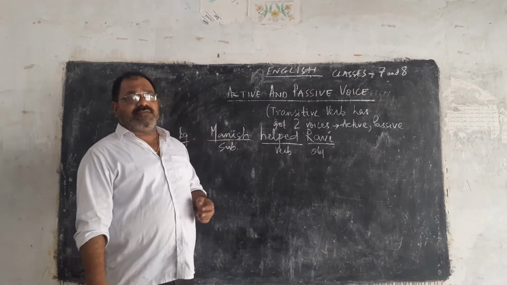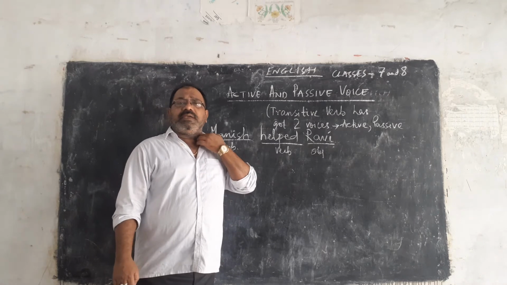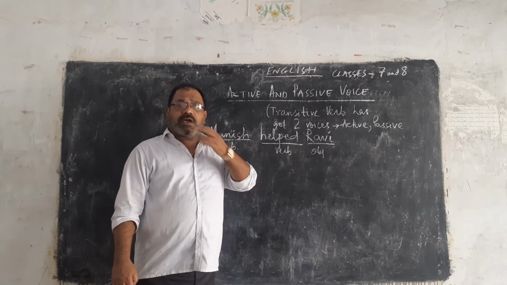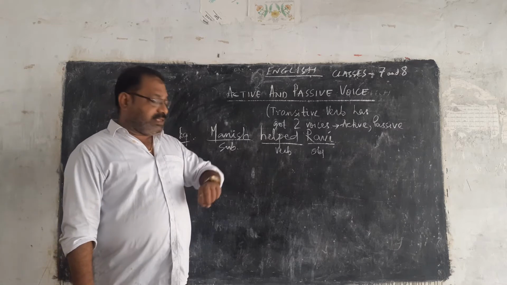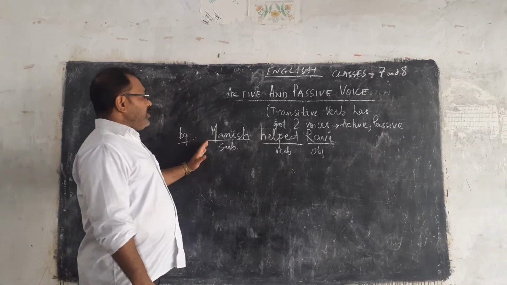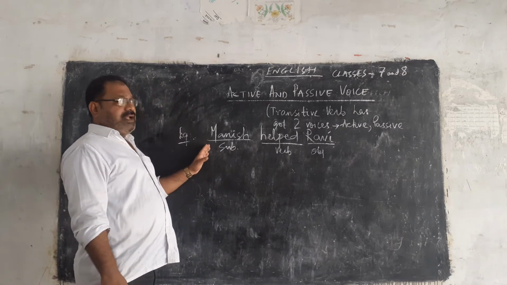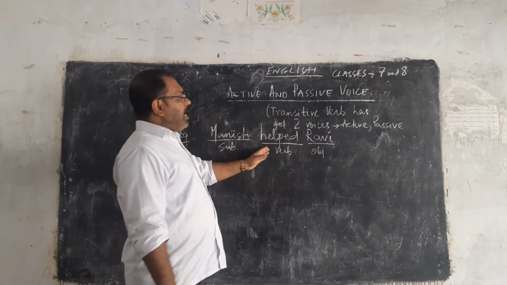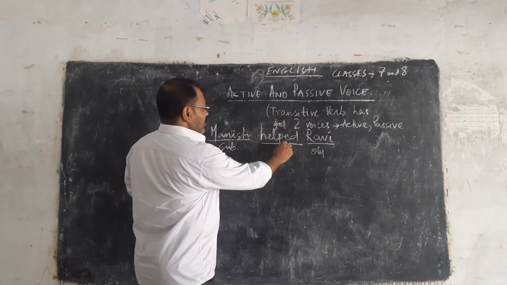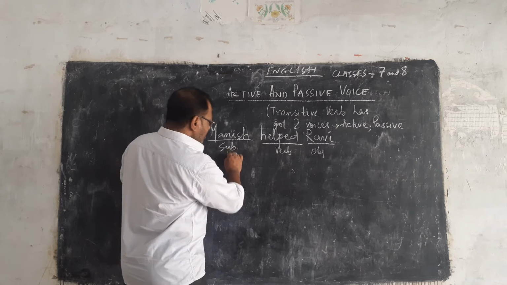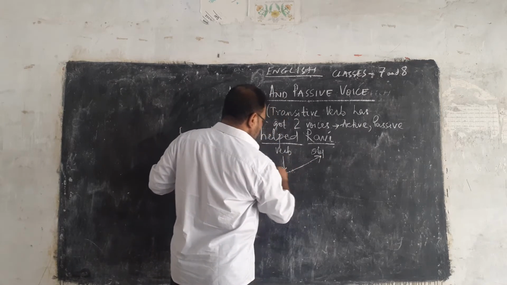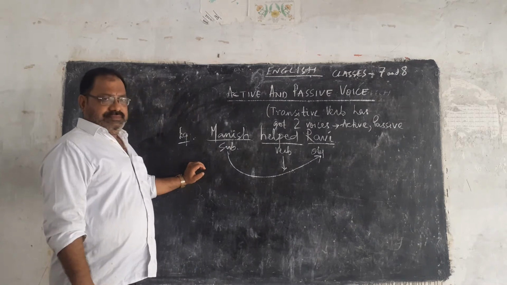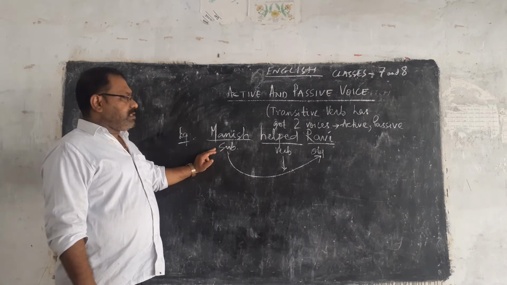All of you know a transitive verb needs an object to complete the sentence and to have a meaningful sense. So, what did Manish do? Manish helped Ravi.